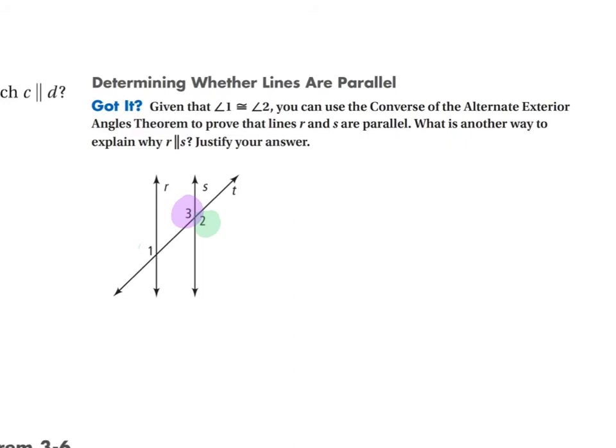That means they're congruent. 3 and 2 are congruent. So then 1 and 3 are congruent too, because they are corresponding. Let's just write this out. It doesn't ask us to write a proof, we're just going to explain. Yes, it is possible to have another way to explain why R is parallel to S. Angles 2 and 3 are vertical, so vertical angles theorem.